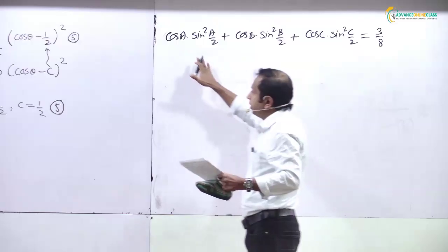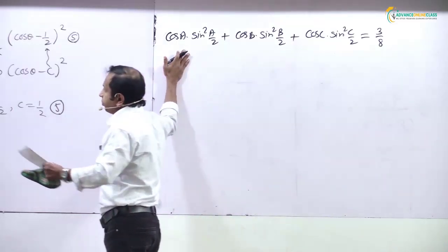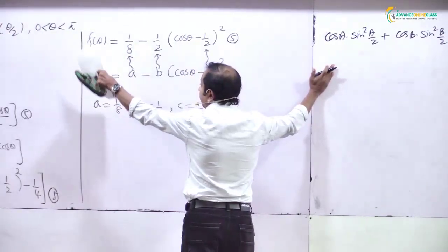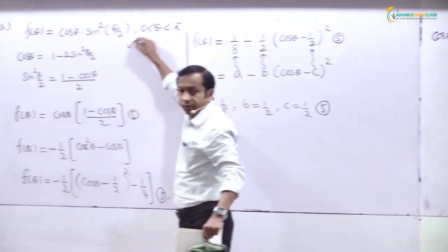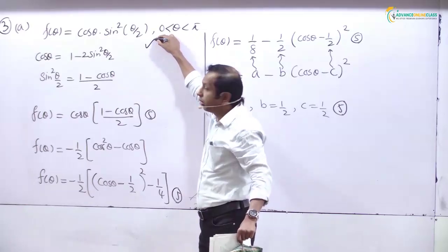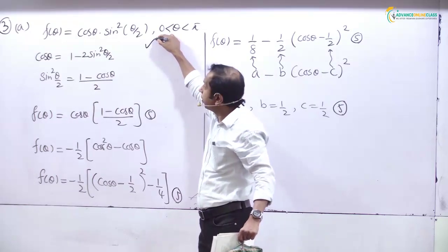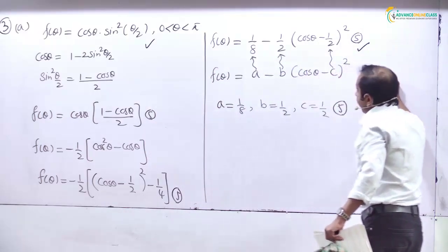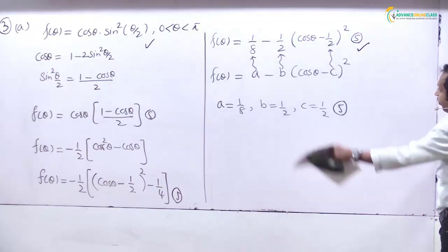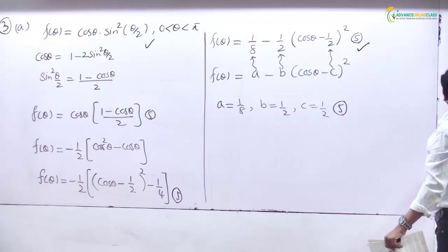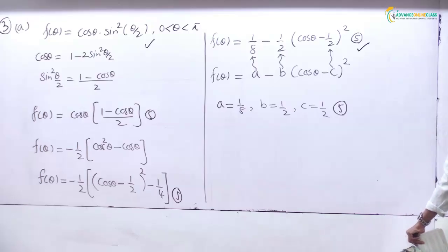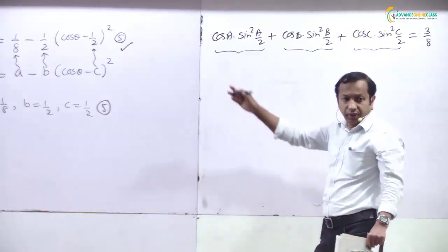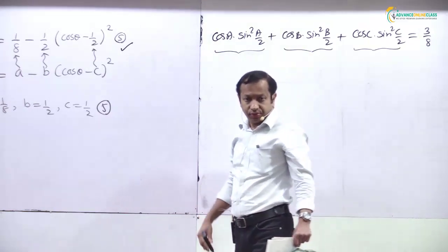Here we just now found cos theta into sin squared theta by 2 in this part. We can write like this, the same form here. Instead of theta here we have A. Then for this, and for this, all these three, we can write a similar form like this.